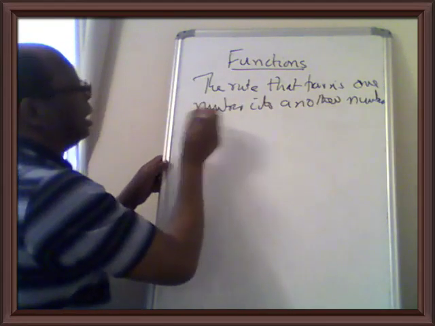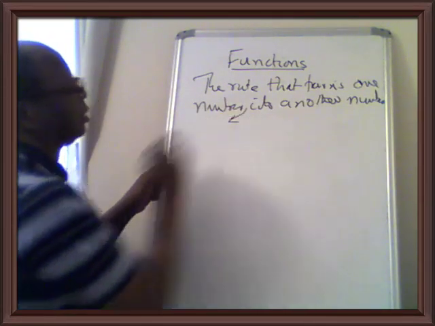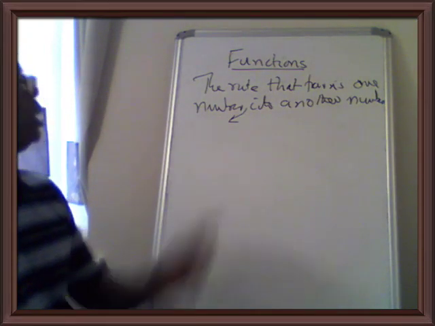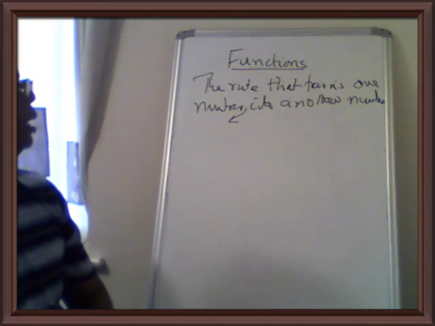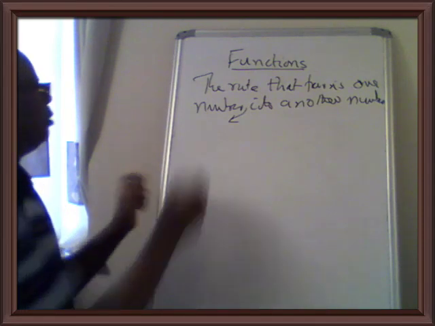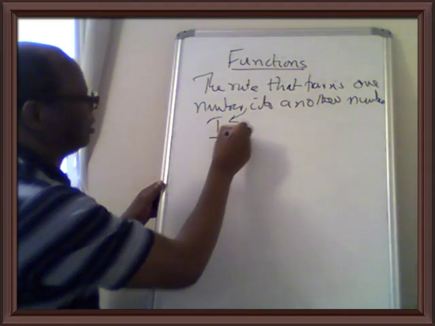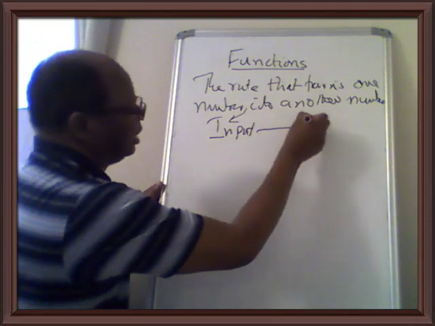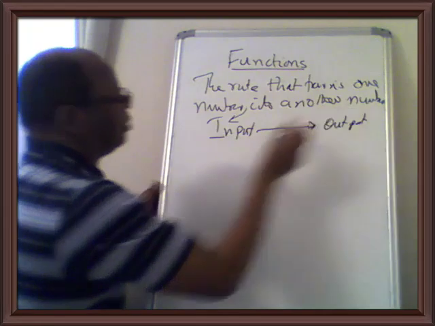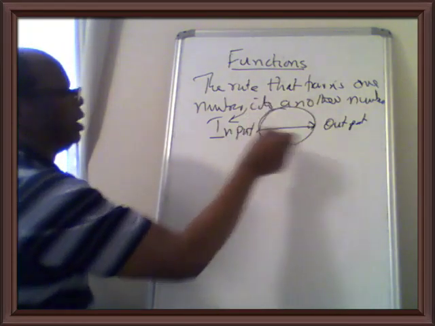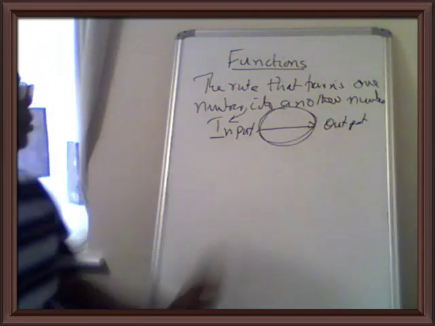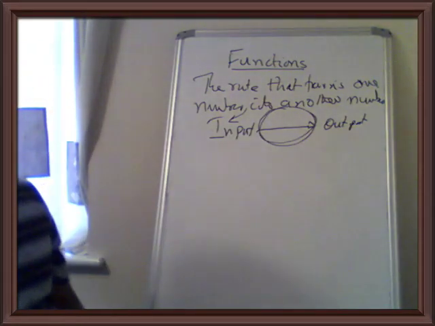The first number is going to be the input. The other number is going to be the output. So we have an input here, and then it gives us an output. There must be a rule that helps us turn this input into that output. So this is what a function is.